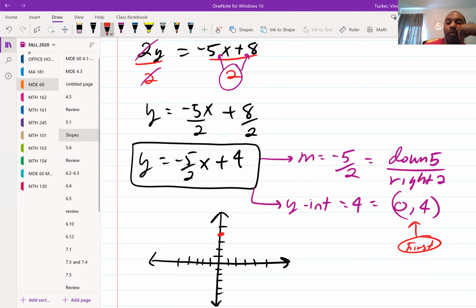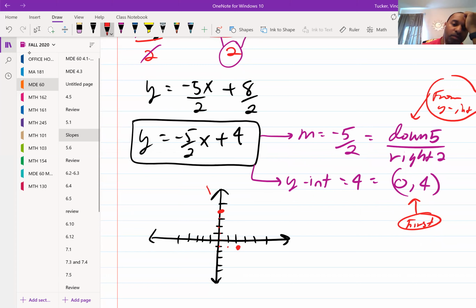And then from your y-intercept, I go down 5. So that's 1, 2, 3, 4, 5. And then to the right 2. And that's the line.